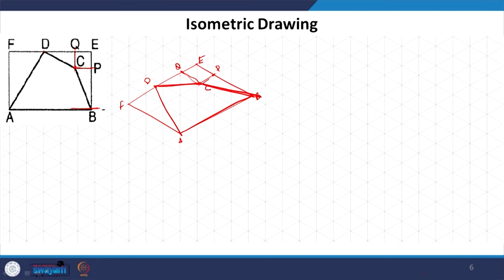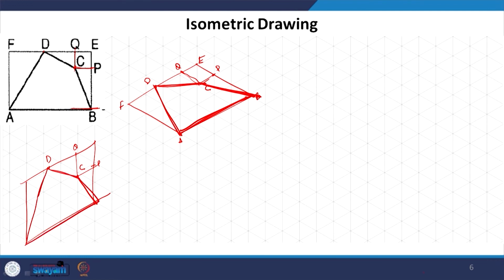This is what the final isometric drawing of this quadrilateral is going to be in this condition. You arrive at D, Q, P, come here, C, and join them, simple.